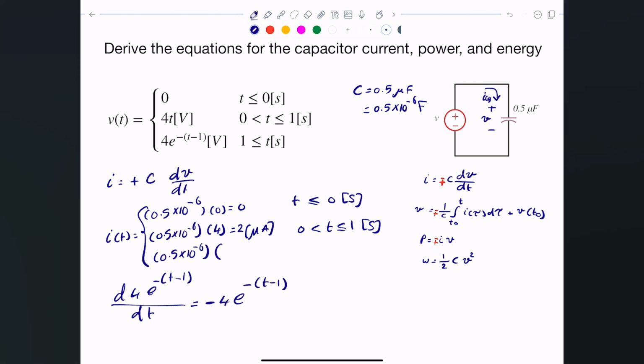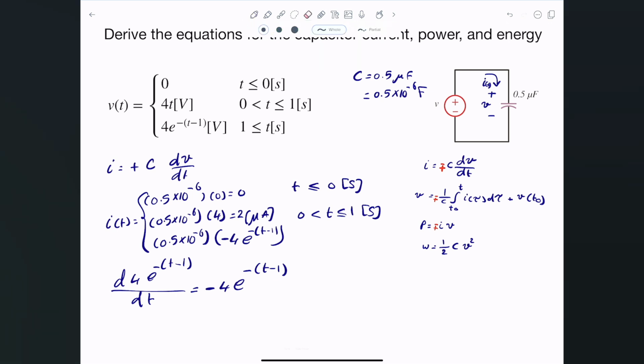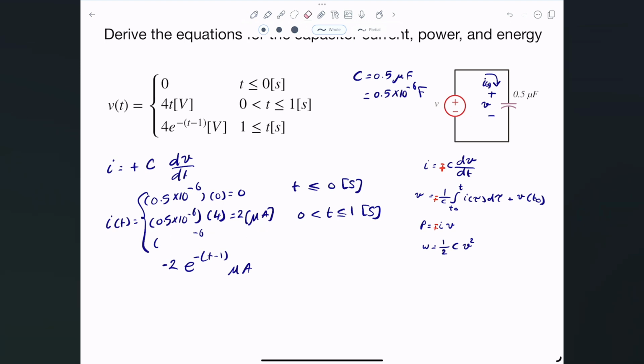If we compute this equation, we'll end up with negative 2e to the negative (t minus 1), and that will be in microamps. Let me clean these equations up, and you can scroll back the video to see how I got them, but this is how it would look.